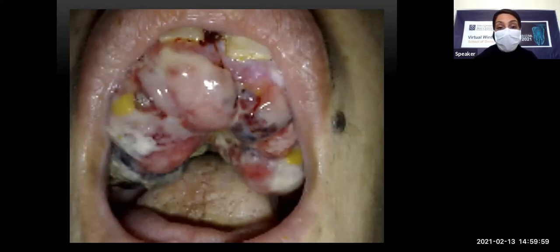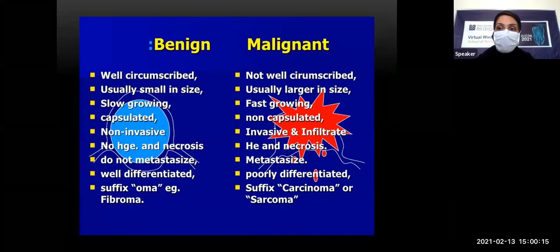It's very important to be aware of the management of this patient and to assure the patient about the benign or malignant nature of this lesion, and to help the patient.